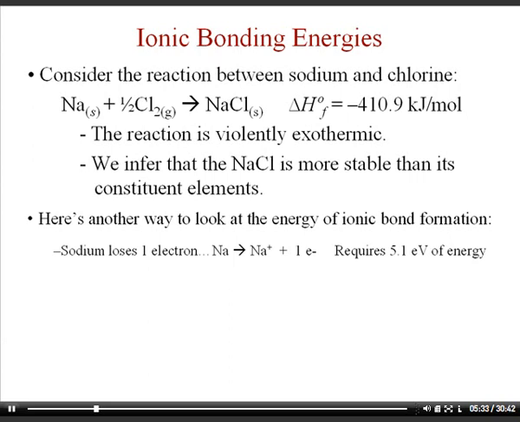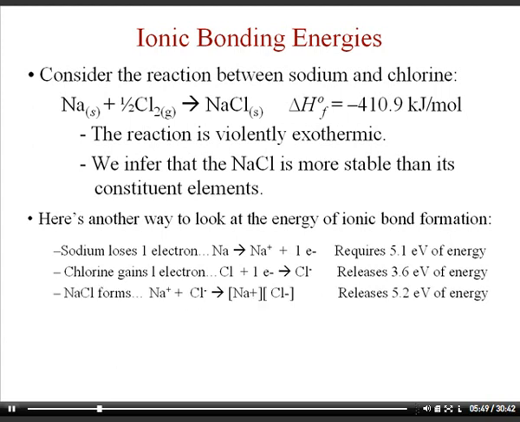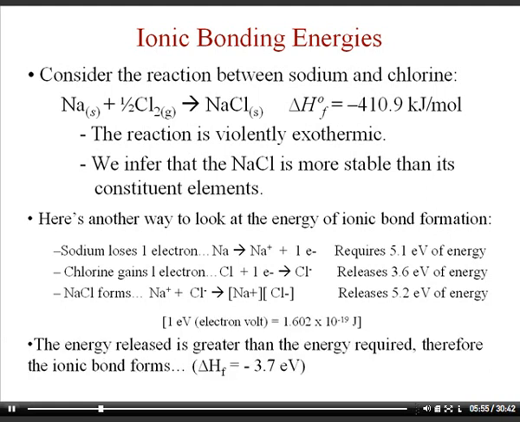But 5.1 electron volts of ionization energy will remove that electron, and then the chlorine is going to gain that electron, and that's the electron affinity that I referred to on the previous slide, and it's going to release 3.6 electron volts of energy. And then when these ions bond to each other, it releases another 5.2 electron volts of energy. So if you add all these up, you end up getting a net release of 3.7 electron volts.